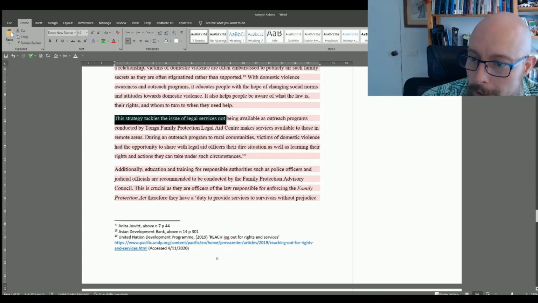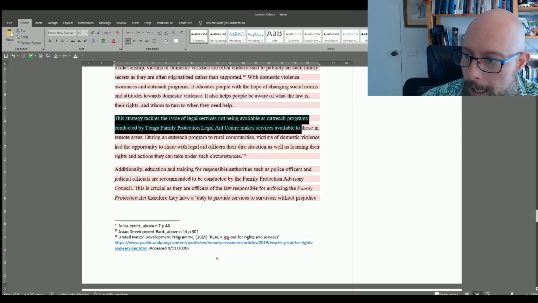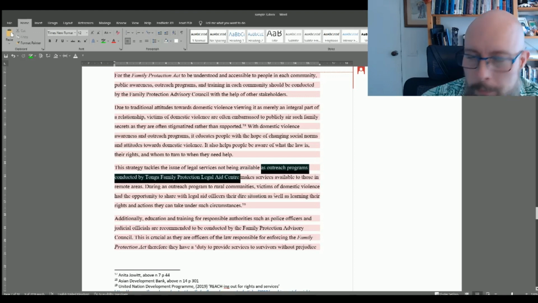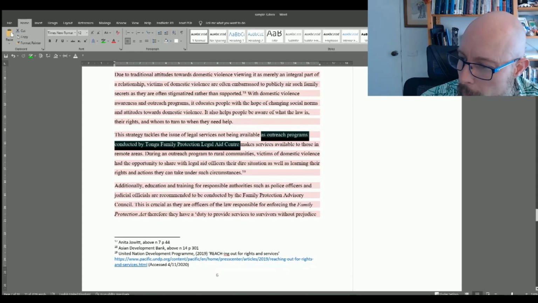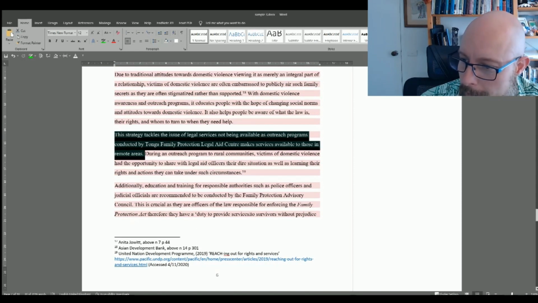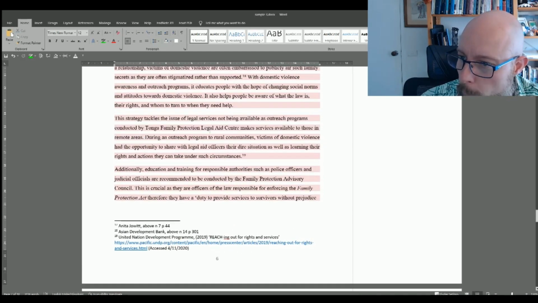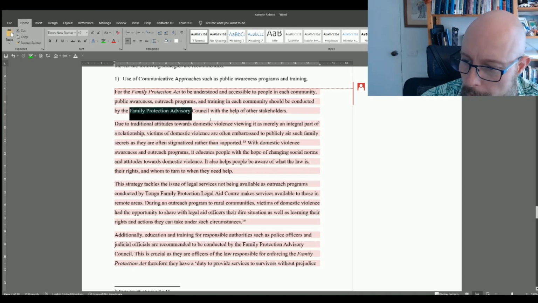This strategy. So then they're saying, well, yeah, this tackles the issue of services not being available. So outreach programs provided by legal aid. This has lost me slightly, but I think what I'm seeing here is that there should be more outreach, or that legal aid is not doing this outreach, so this group should.